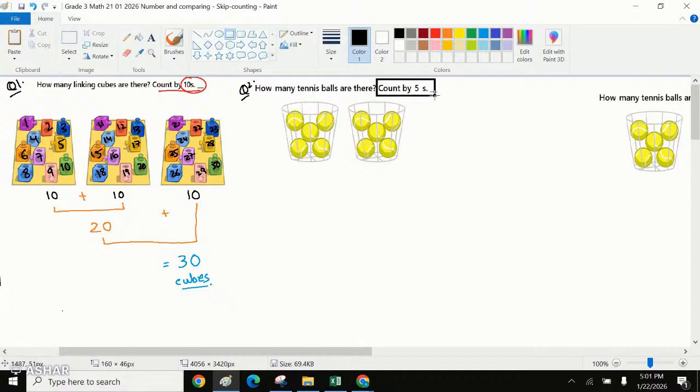It means count by the multiples of 5, right? So let's just confirm: 1, 2, 3, 4, 5. If each basket has 5 tennis balls, that means we can add 5 plus 5, right? And when we add them together, the total is 10 tennis balls.